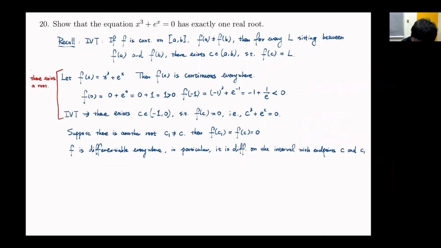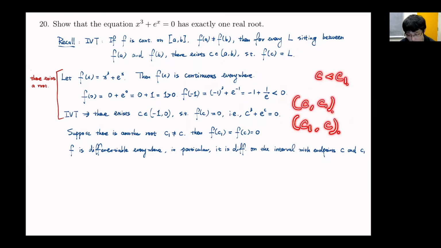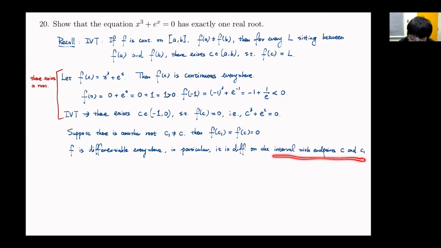I will avoid writing C comma C1 because I don't really know if C is less than C1. And similarly, I will avoid writing C1 comma C. Although I know these must be the only two cases, I find it easier to directly say that the function is differentiable on the interval with the endpoints C and C1. So this will unify these two different cases. Okay, so then we can apply Rolle's theorem.